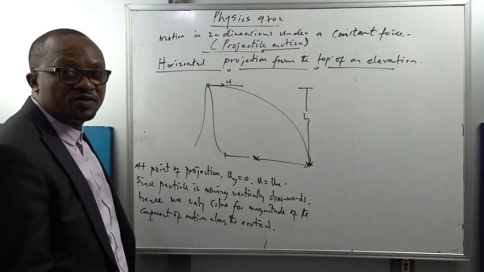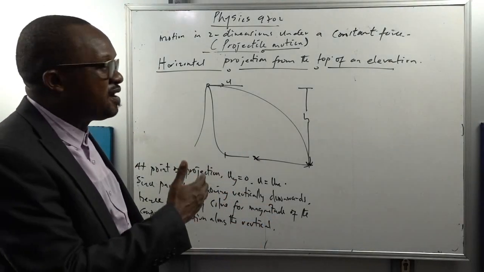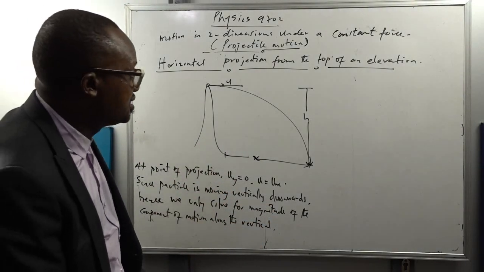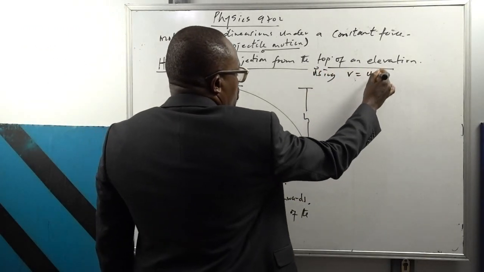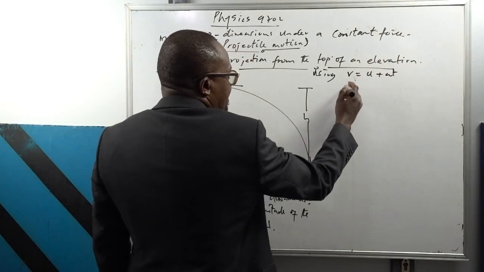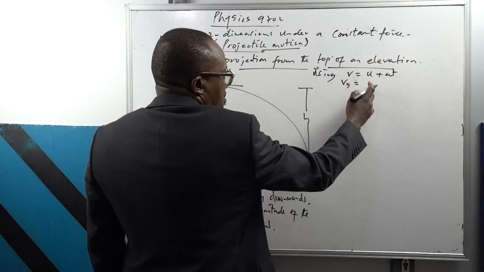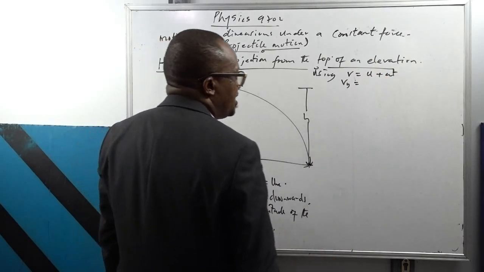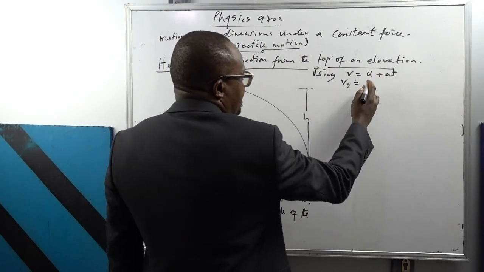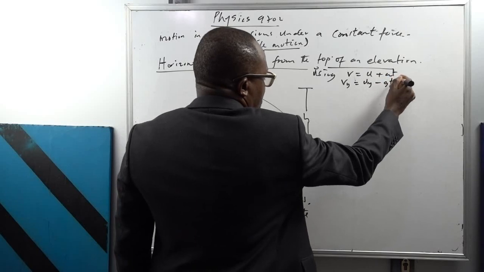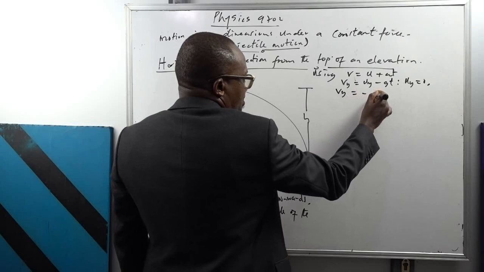All the equations that we've talked about previously are still applicable here, but they have now been simplified. For example, using the equation v is equal to u plus at, the vertical velocity at time t: vy becomes uy minus gt, but we know that uy is zero, so vy is equal to minus gt.